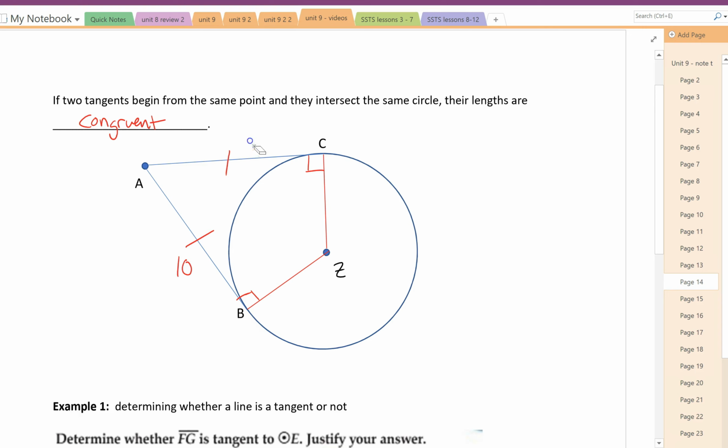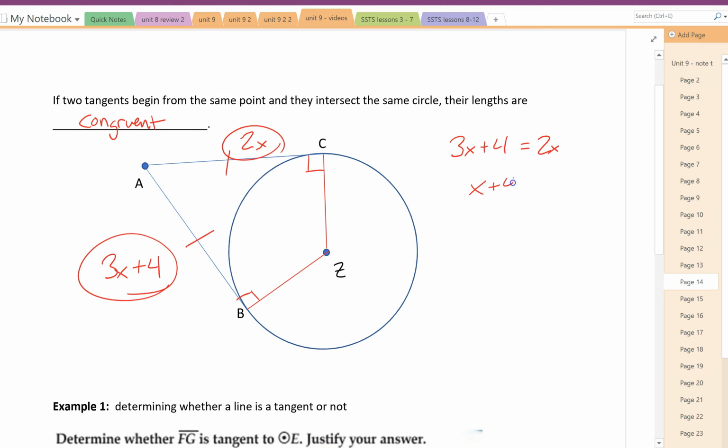Or if I knew that AC was 2x and I knew that AB was 3x plus 4, I could figure out what x was by just setting that equal to that. I would say 3x plus 4 equals 2x. Subtract 2x from both sides would give me x plus 4 equals 0. Subtract 4 from both sides, x would be equal to negative 4 in this case.